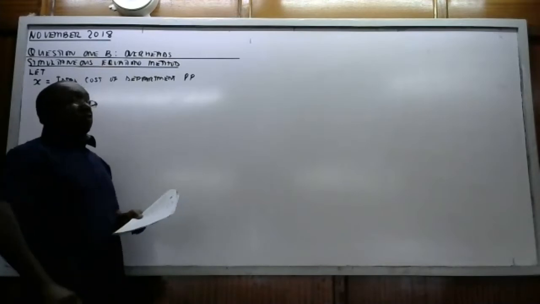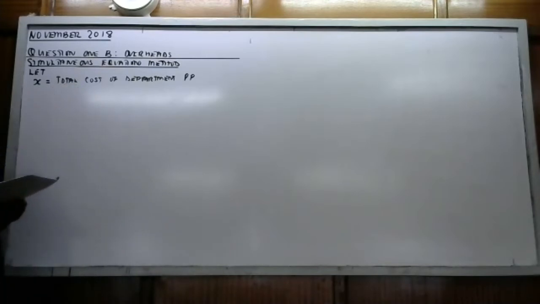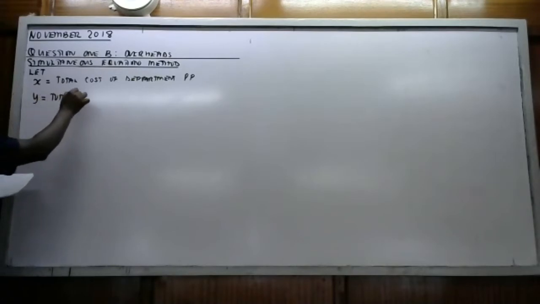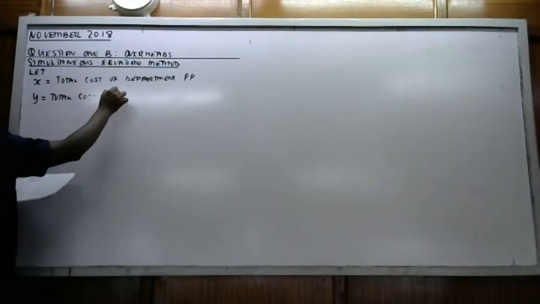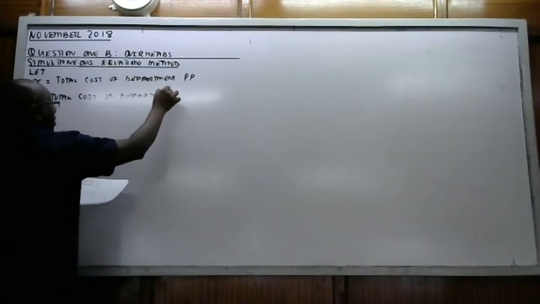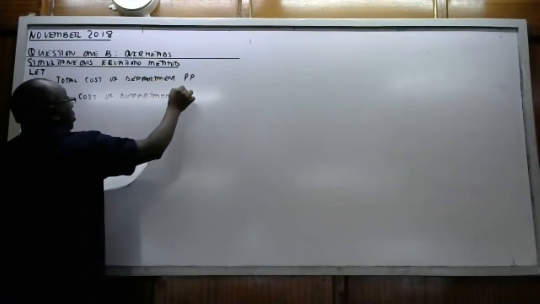The total cost of department PP. Then Y to be the total costs of department QQ.